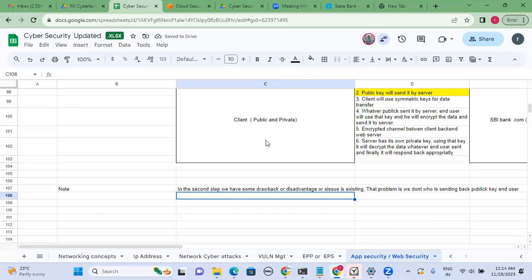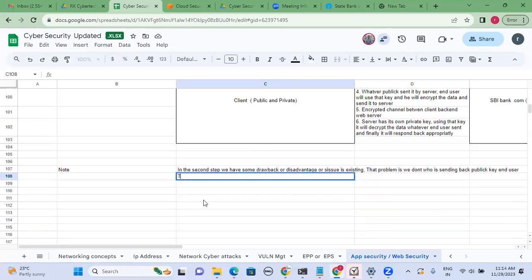To eliminate this drawback or issue, what do we have to use? We have to use SSL TLS certificates.